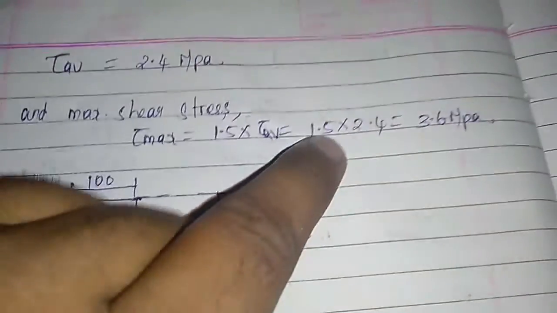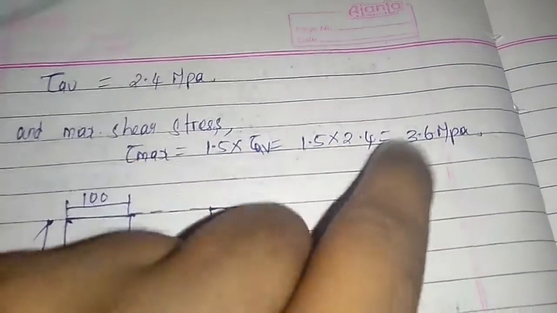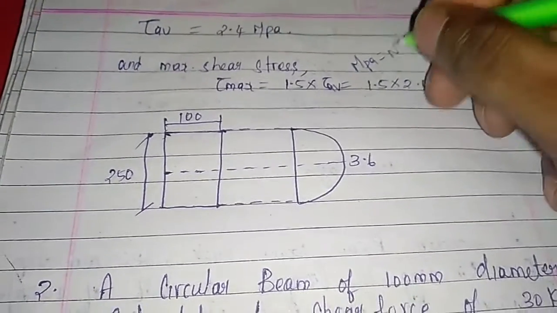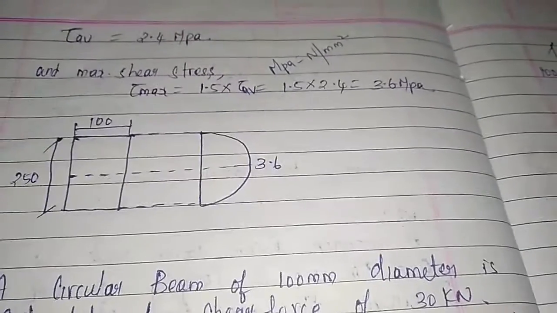So 1.5 into 2.4 is equal to 3.6 MPa. MPa is nothing but Newton per mm square. Okay, MPa and Newton per mm square are the same only. You can write it either as MPa or Newton per mm square.